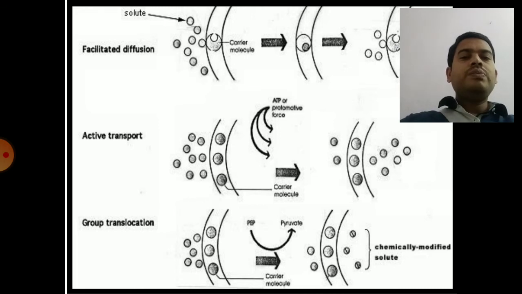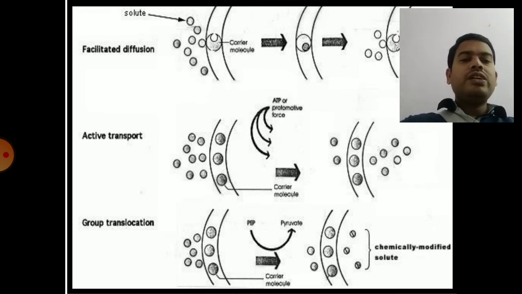In active transport, ATP or proton motive force plays an important role along with carrier molecules in the transport of solute particles from the outer membrane to the inner membrane. You can clearly see the use of ATP molecules or proton motive force in the transport of solute particles across the plasma membrane, and this is also mediated by proteins.